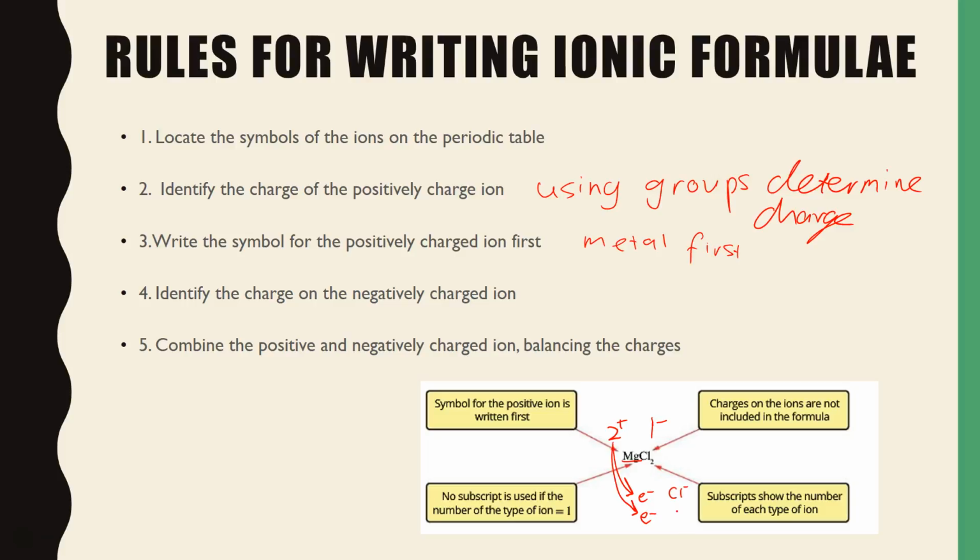So we need a second chlorine there to gain that second electron, which is why we would then put a subscript, so below the element, of that particular amount of chlorine. So we'd have 1 magnesium for every 2 chlorine atoms because we have 2 chlorine atoms required to gain the 2 electrons that magnesium has lost when it became 2+.